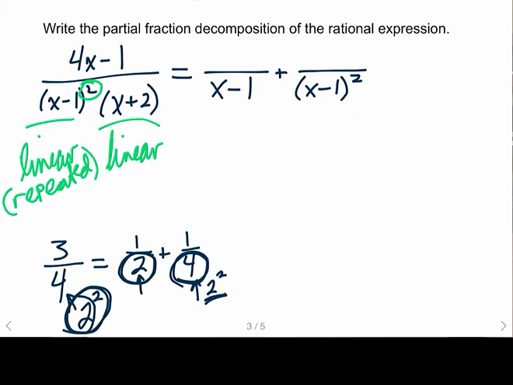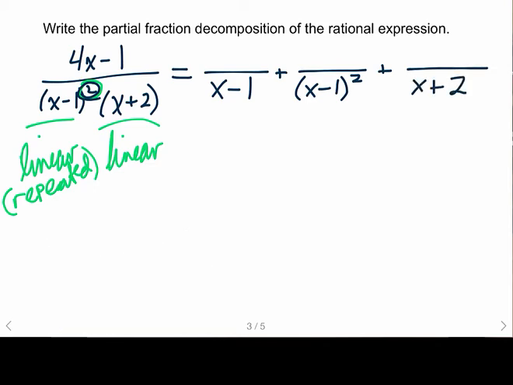Folks, if this had been a cubed to begin with, we'd have to write down (x minus 1) the quantity squared, and then (x minus 1) the quantity cubed. We'd have to take care of all of the powers up to and including the one that we see. The other factor is x plus 2, and so we need a denominator of x plus 2.